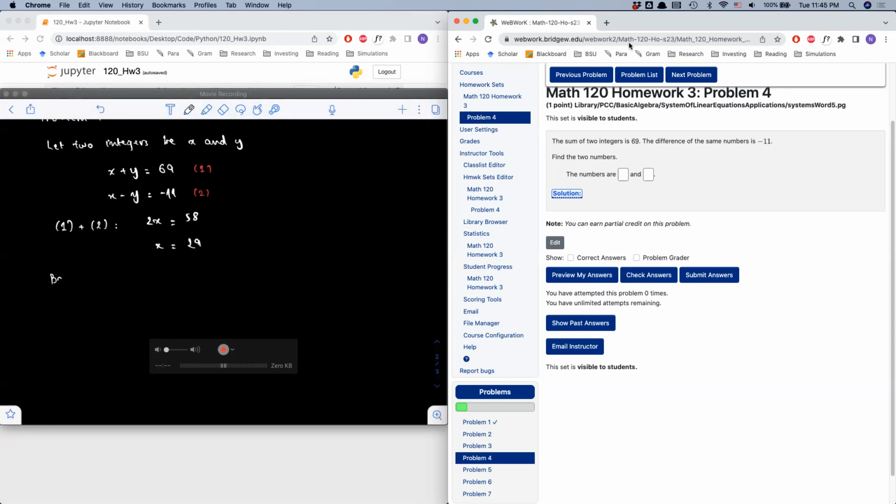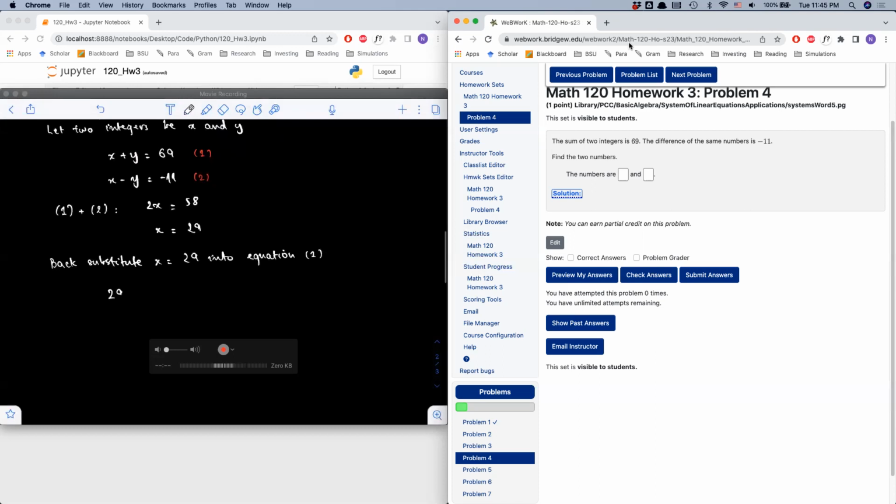So back substitute x equal to 29 into equation 1. Again, either equation should be fine. So I get 29 plus y equal to 69.